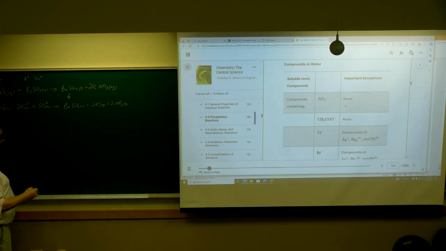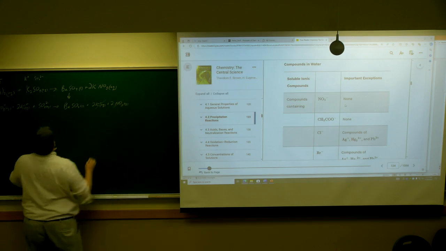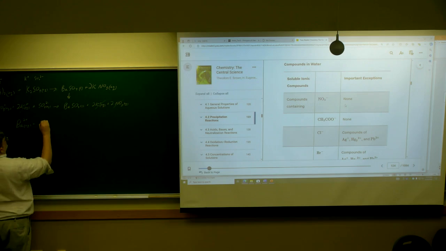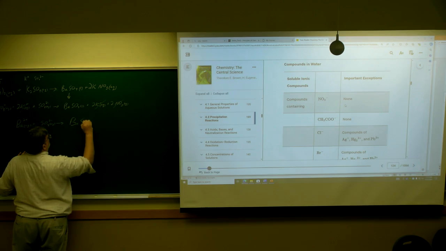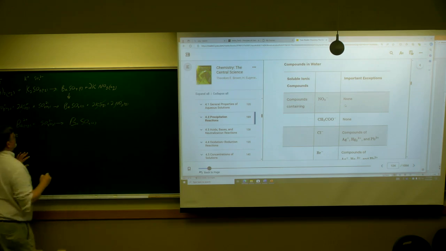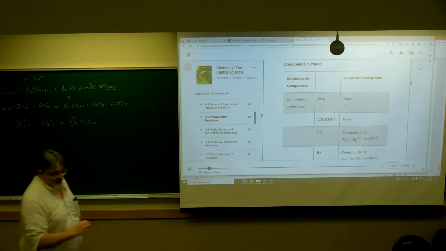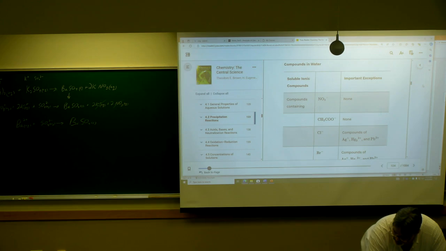So the spectator ions here are the NO3 and the K. So what's left? SO4, and this is the net ionic equation. You guys okay? So I think the examples in the back of the book for those are straightforward.